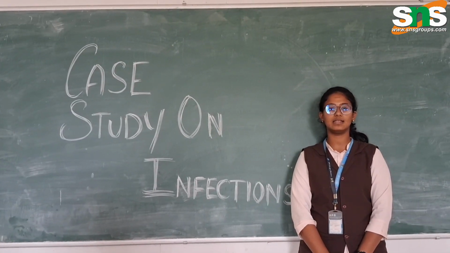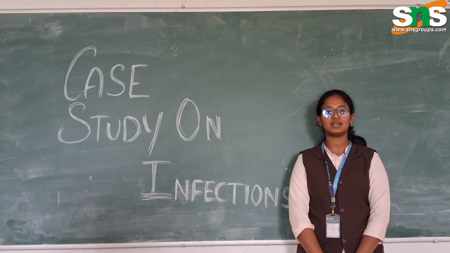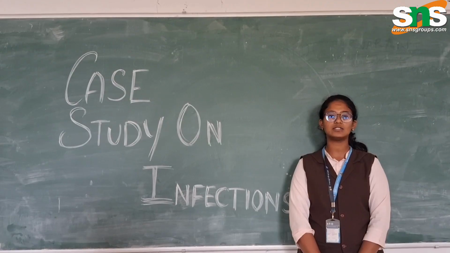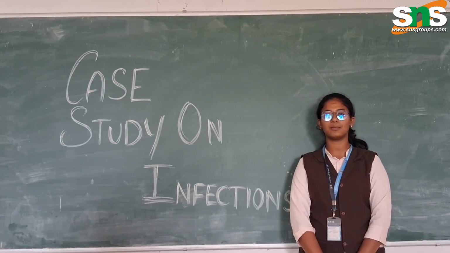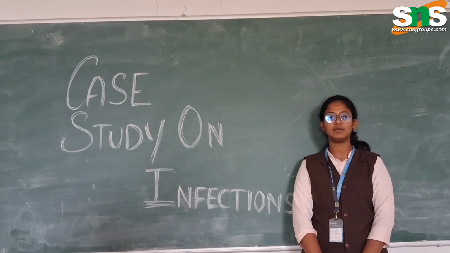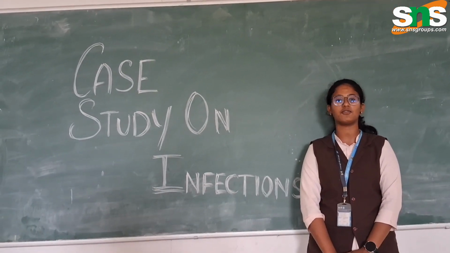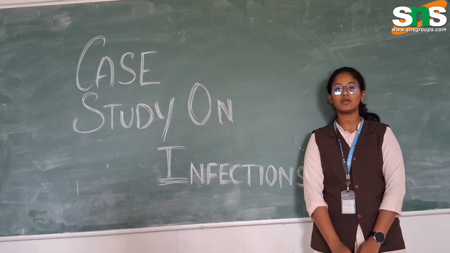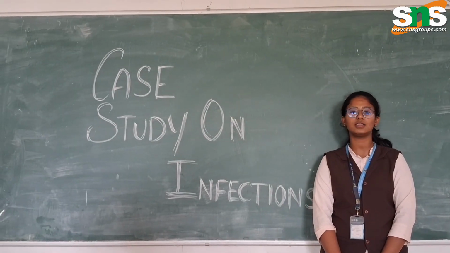History of present illness: the patient was apparently normal 5 days back. Gradually, she developed pain and burning sensation while passing urine. Later, she developed fever and increased frequency of urination. So she came to the hospital for treatment.